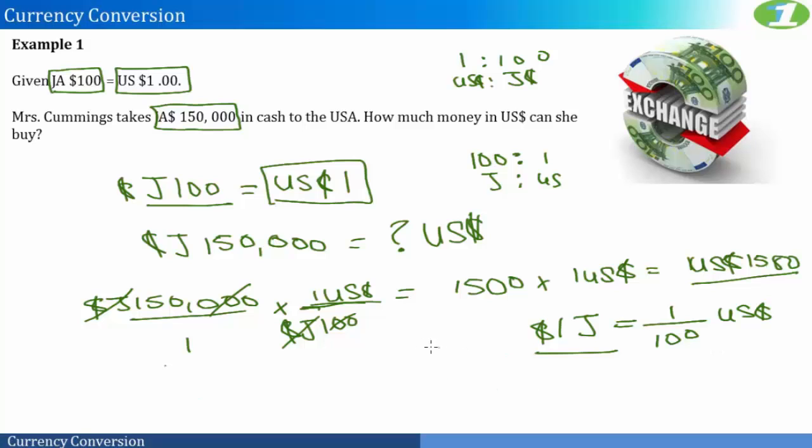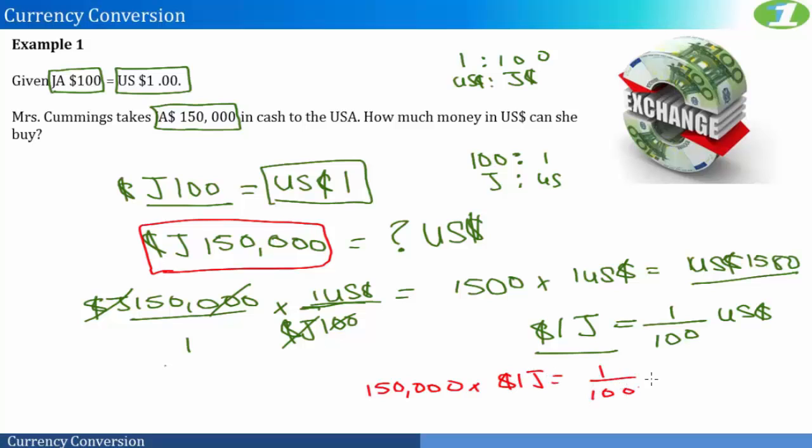So if I were to multiply both sides by 150,000, given that I'm trying to find what 150,000 Jamaican dollars is worth, then this becomes 150,000 times 1 J. And obviously we are multiplying both sides, and therefore I have to multiply this side by 150,000 as well, okay?